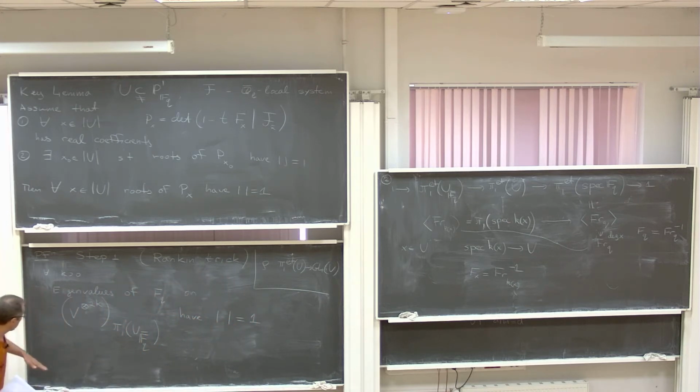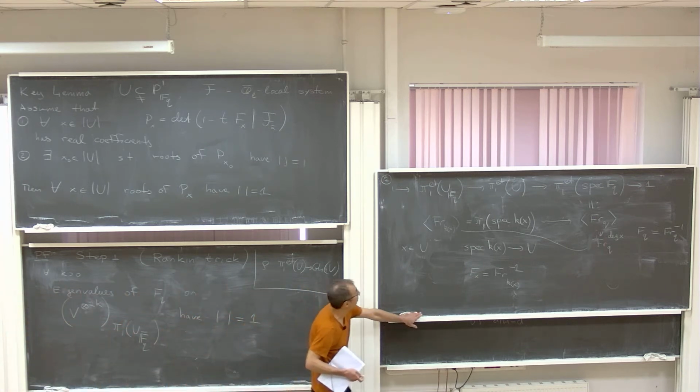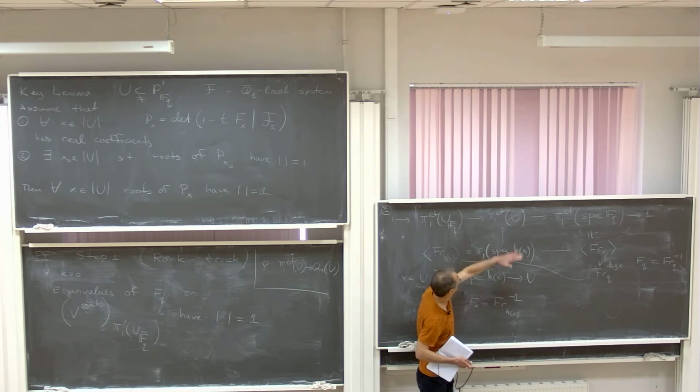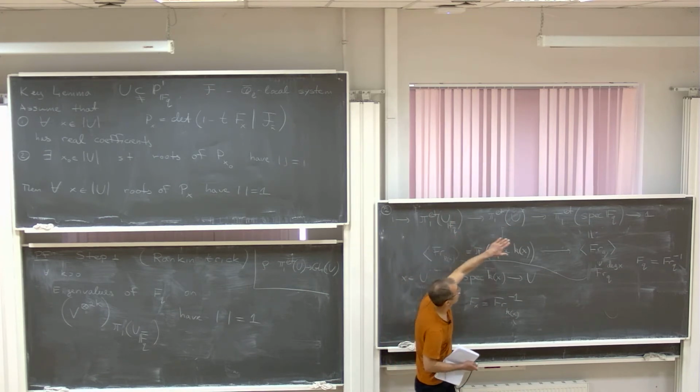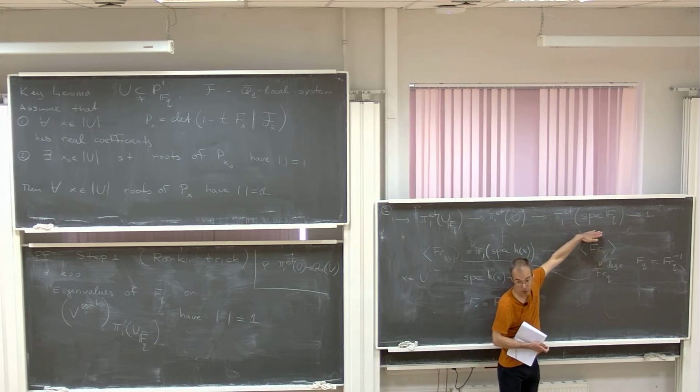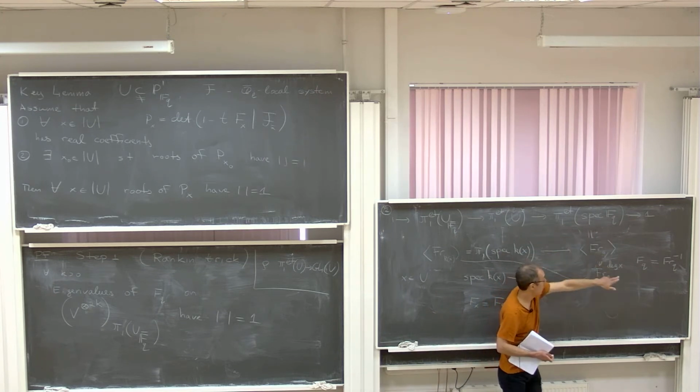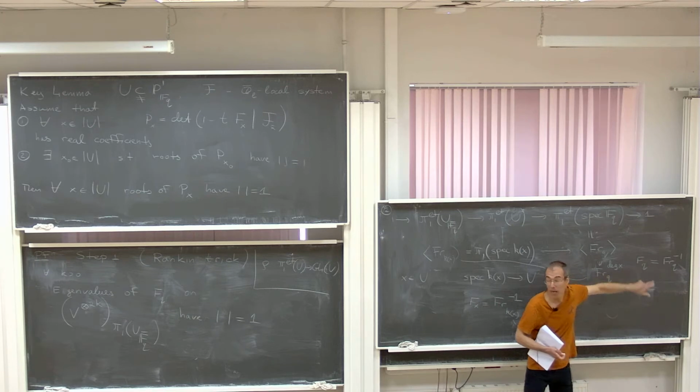Well, so this is a representation of this big group. If you take coinvariants with respect to a subgroup, the quotient group acts on the coinvariants. And I look at how this Frobenius acts.